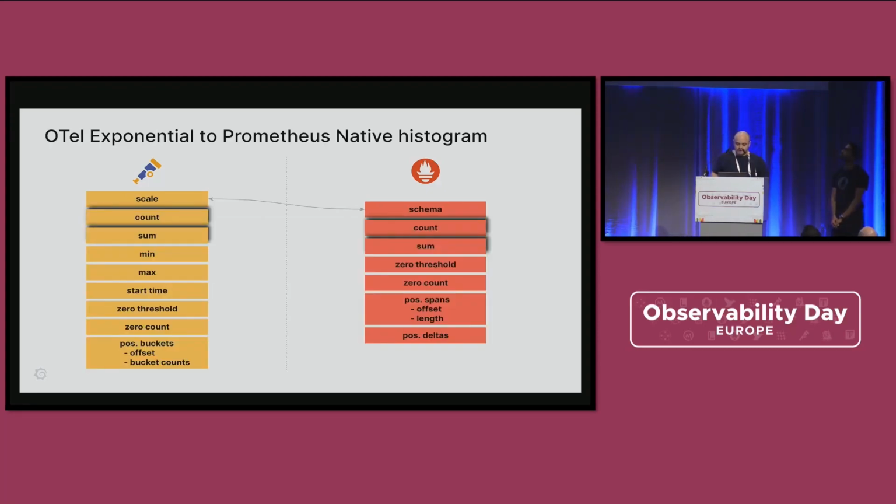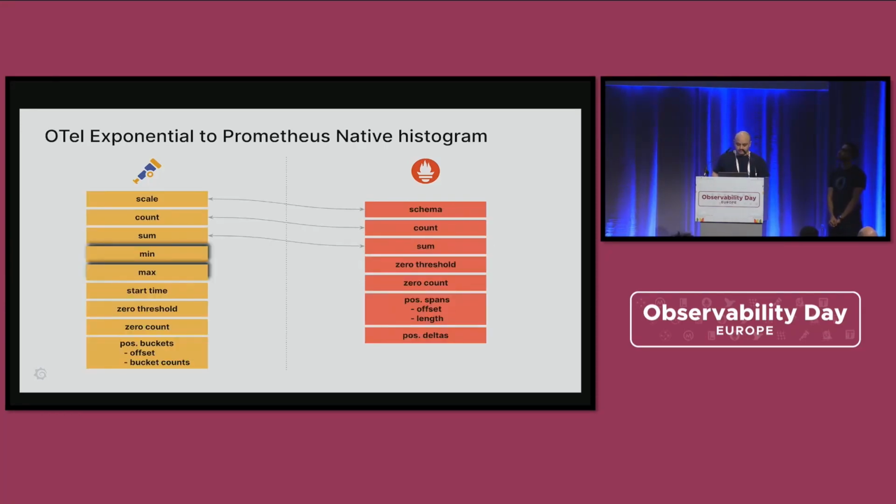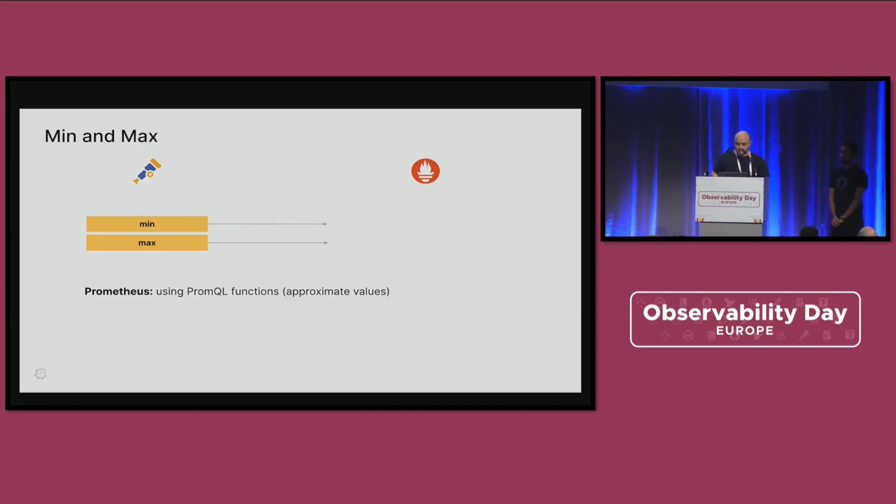Next fields, count and sum. So the count and sum of exponential and native histograms are directly translated. Prometheus doesn't have min and max fields, so how do we handle translation of those fields? So we don't. You can use the PromQL histogram quantile function to approximate min and max values from the observation values.